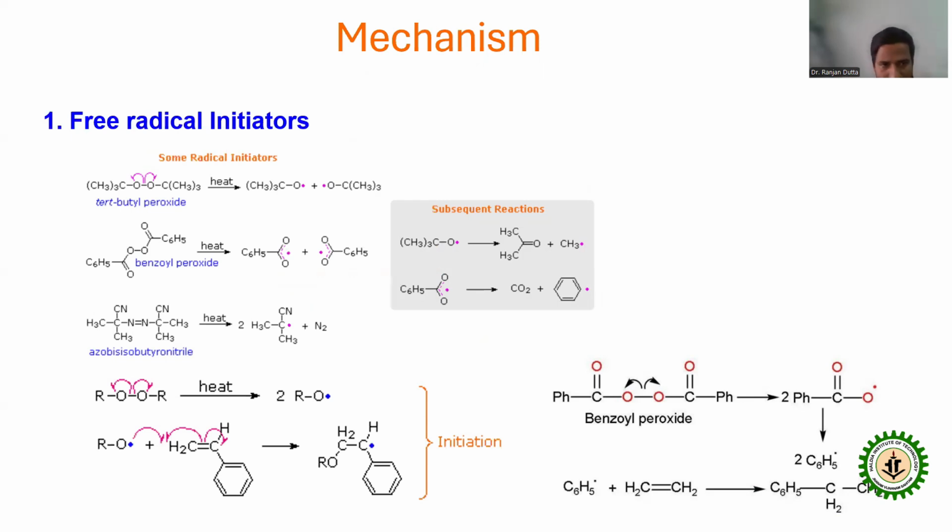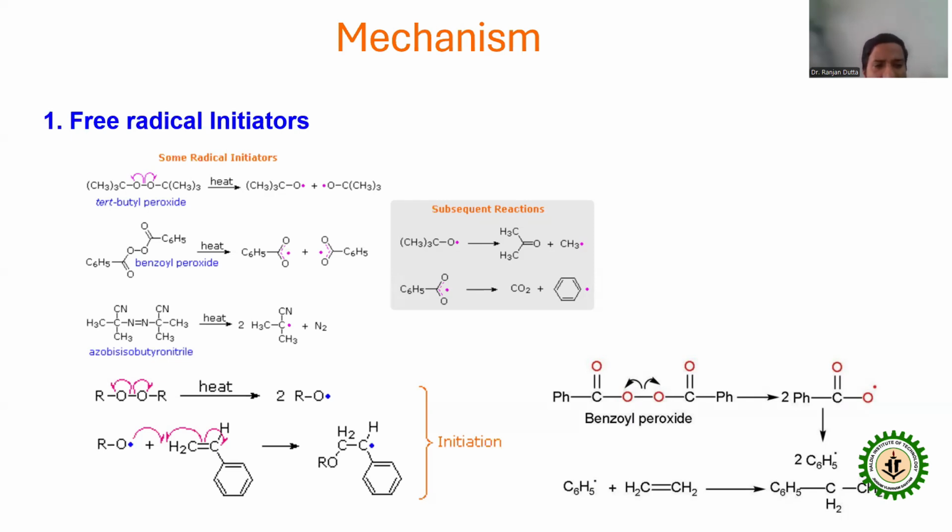As you can see, the first one is tertiary butyl peroxide, which acts as an initiator. We have benzoyl peroxide, and we have azo isobutyronitrile, which also acts as an initiator. For instance, take the example of benzoyl peroxide. Under heating conditions, it produces this phenyl radical, which is actually the initiator.